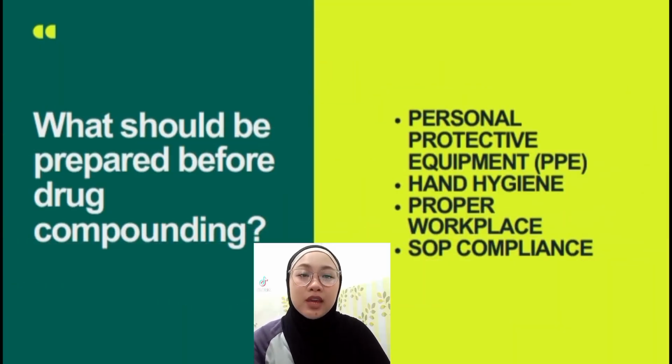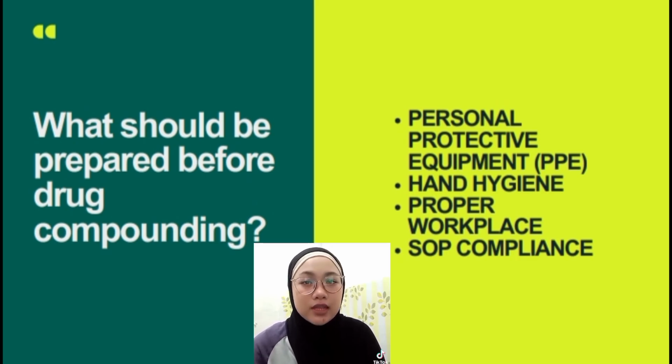What should be prepared before drug compounding? The first thing we need to prepare is personal protective equipment or PPE, such as an N95 mask, lab coat, hair cover, and medical gloves.